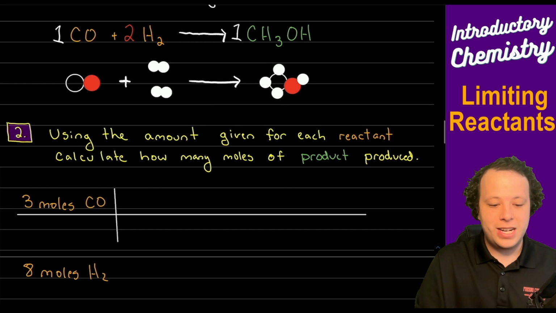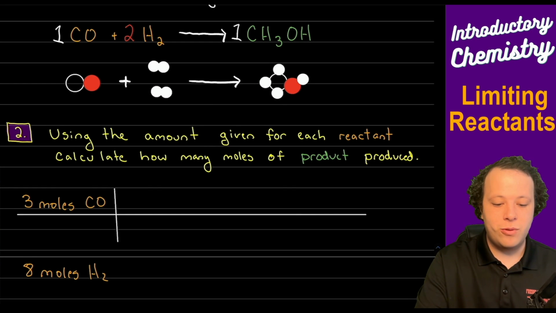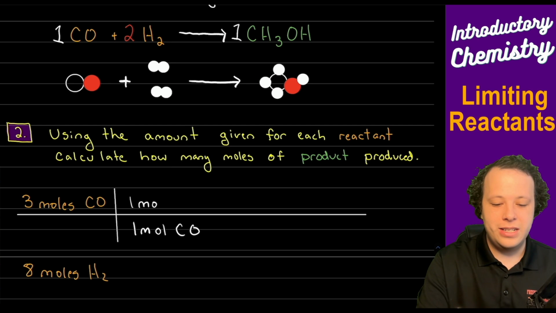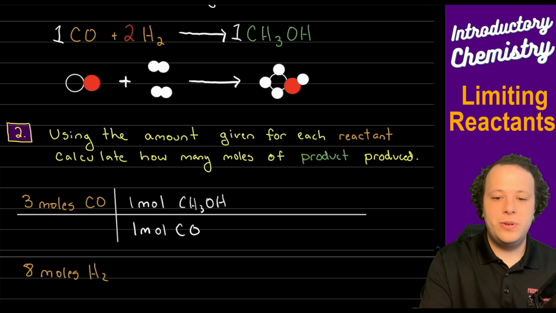In our reaction, for every 1 mole of CO, I have 1 mole of CH3OH that is being created. The way that we're seeing that is by looking directly at the recipe.